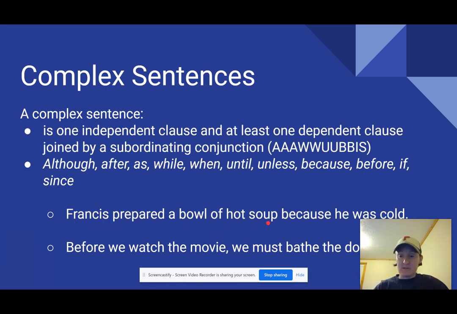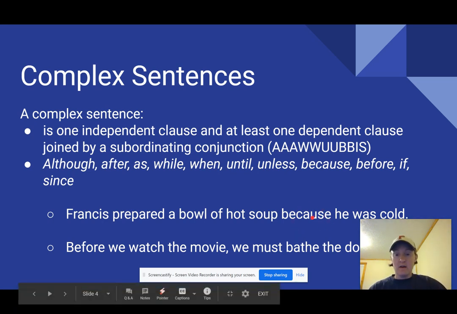That could be a sentence all by itself. That's an independent clause. It's just fine. Now, if we were just to look at because he was cold, hopefully you would say to yourself, because he was cold does not have enough information to be its own sentence. So it's a dependent clause. So in this case, because joins them together.